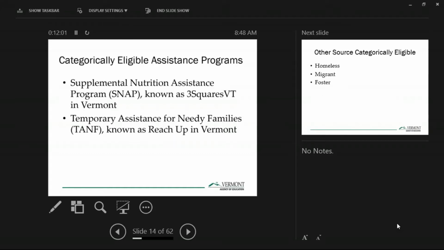And when a child's name is found on the list that comes from the state for participation in 3 Squares VT or REACH-UP, that is when they are directly certified for meals, because the determination isn't coming from the household, it's coming from this higher authority of our coordination with the Department of Children and Families.